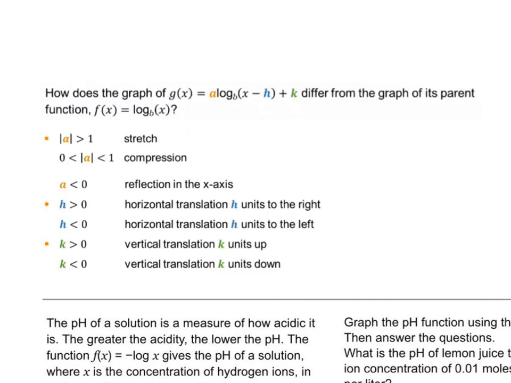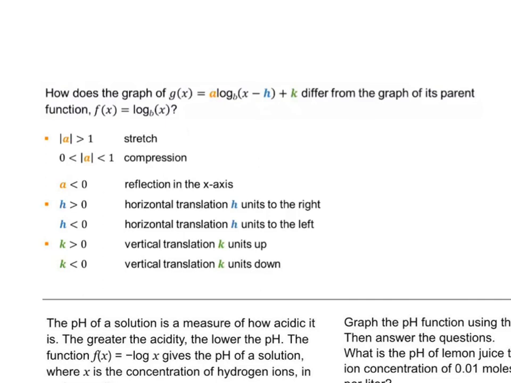This is similar to what we had with the exponential function. When you have the a, it is a multiplier out front. If the absolute value of a is bigger than 1, then it's going to stretch it and make it big. If a is between 0 and 1, then it's going to make it thin.